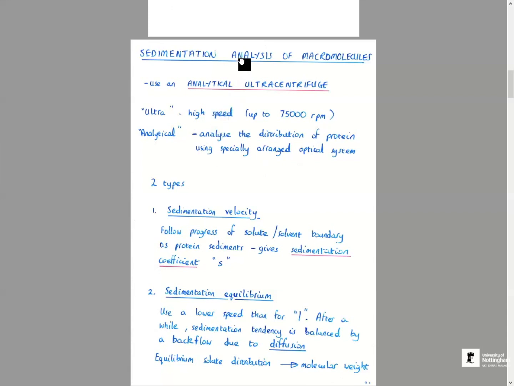So this lecture is about the sedimentation analysis of macromolecules, deriving from this wonderful instrument that Svedberg invented in the 1920s. So a centrifuge is simply a device for spinning things, for separating particles out.